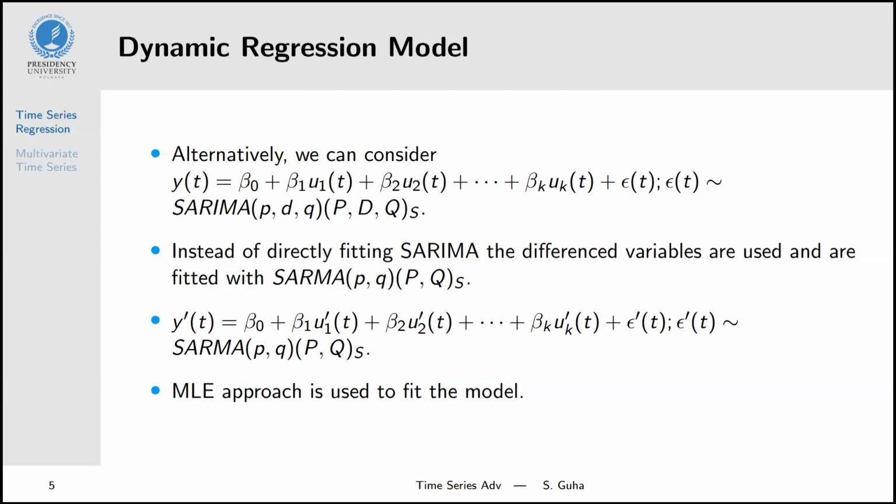For example, suppose you have some time series data on incomes of individuals, or some indicator of the income of a particular individual, and you are also measuring the expenditure, or maybe the average income of an individual and the average expenditure.